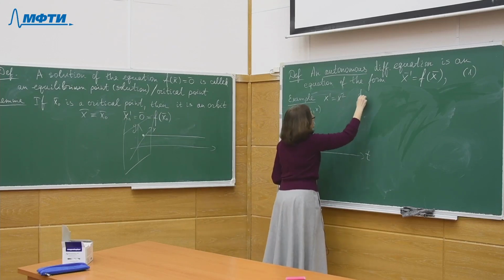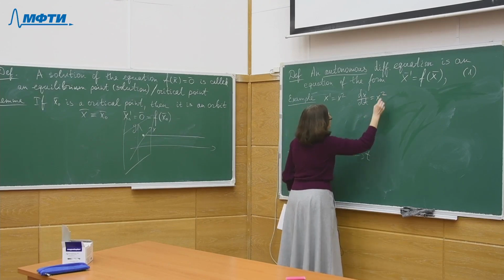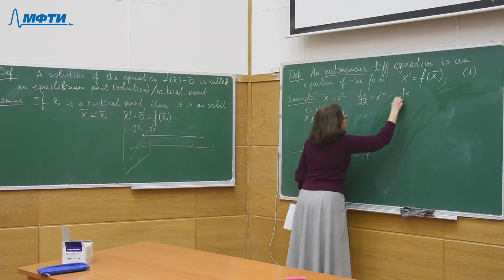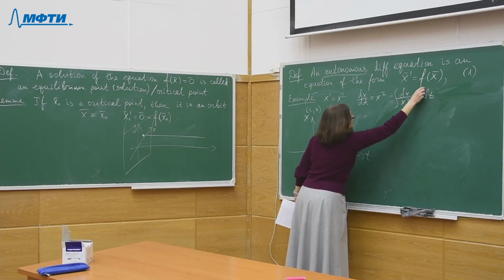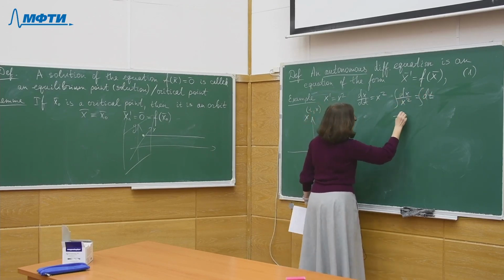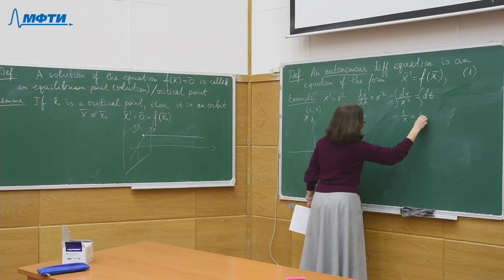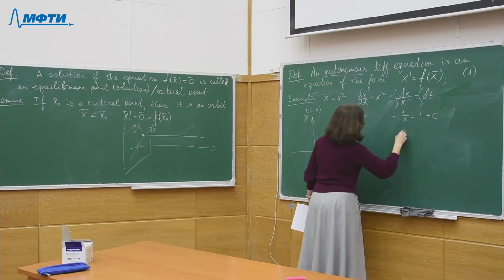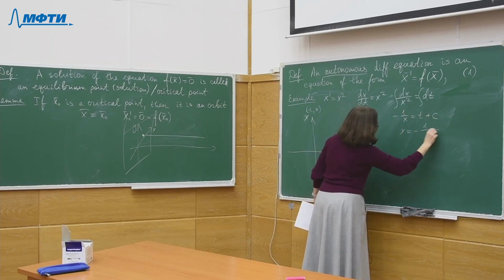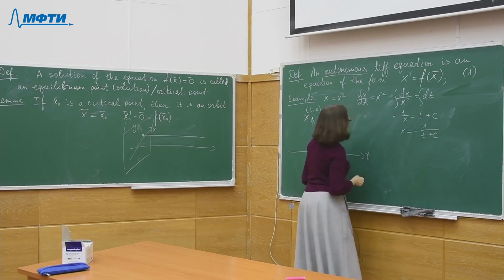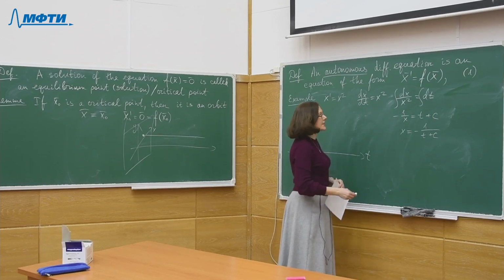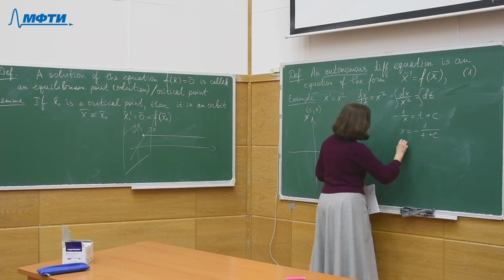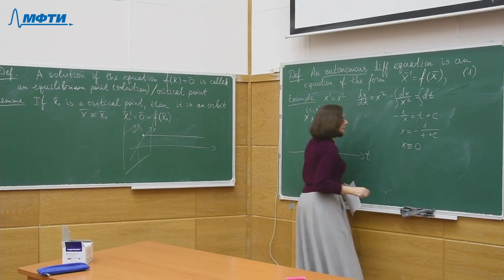So let's solve this equation. The variables are separated. It will be minus 1 over x equals t plus c, and x equals minus 1 over t plus c. And we have lost the trivial solution, x identically 0.